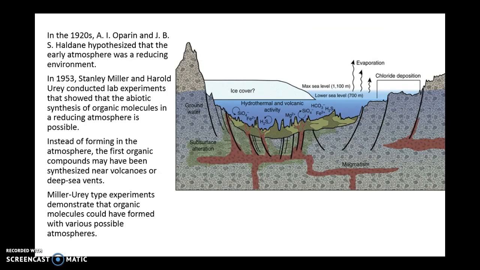And then two other gentlemen, Oparin and Haldane, hypothesized that the atmosphere was a reducing environment. Now that doesn't mean a whole lot to us, except we did go through that idea of oxidation and reduction. But overall, the idea of a reducing environment is that it's more conducive to building molecules. It doesn't take as much energy to build molecules.